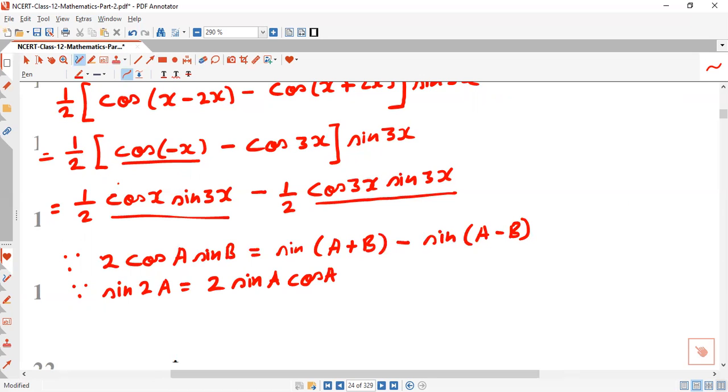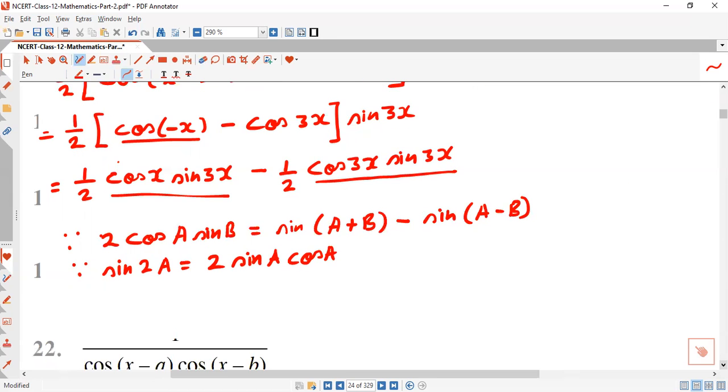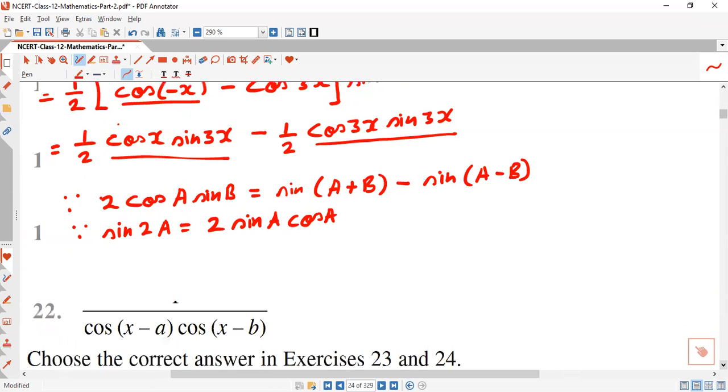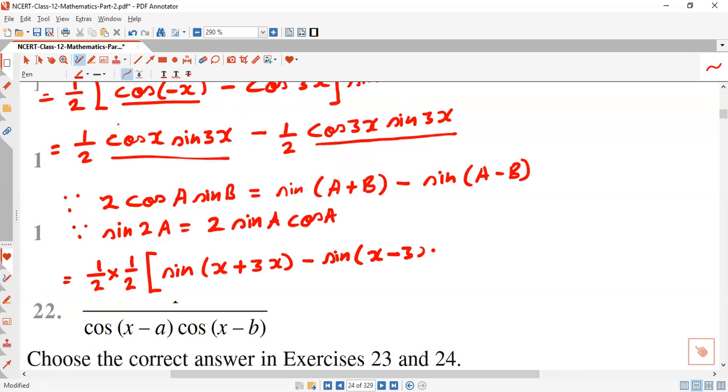So now the integrand becomes half into again half, bracket start, sin(A plus B), sin(x plus 3x) minus sin(x minus 3x), bracket closed.